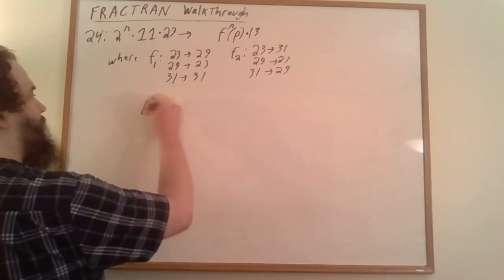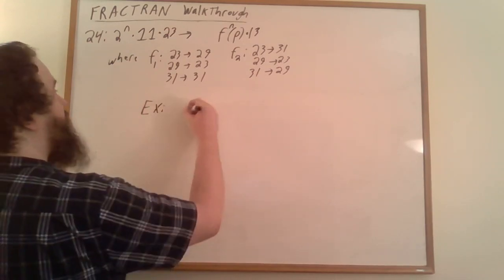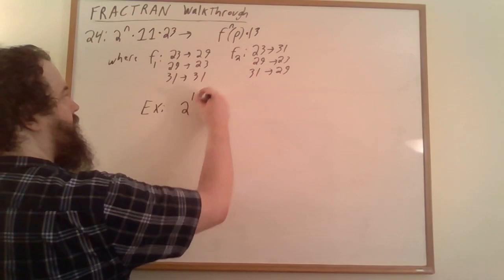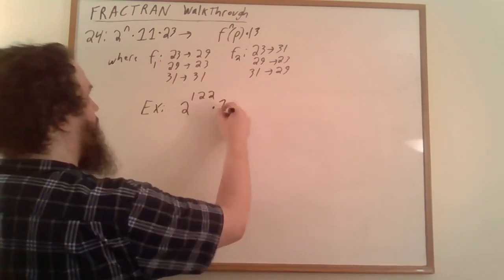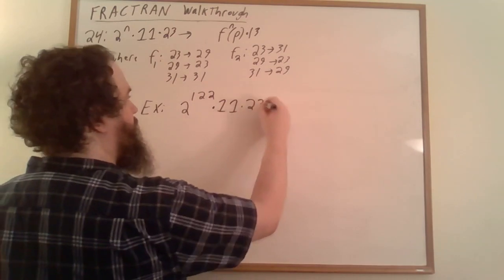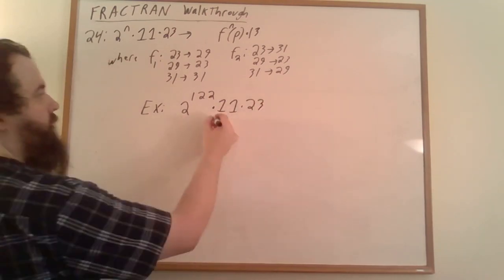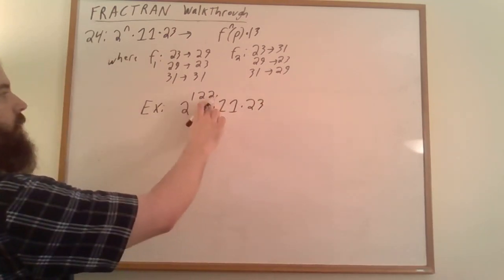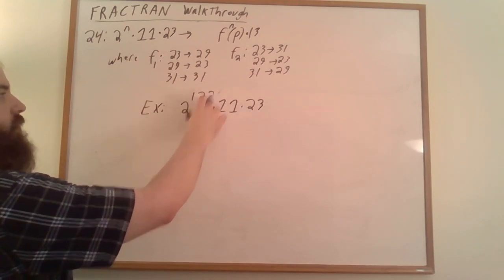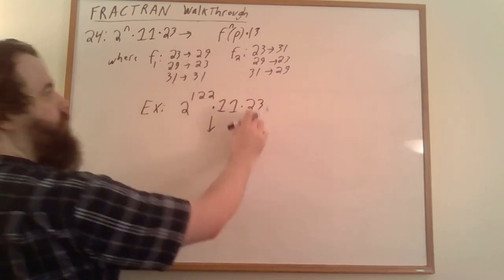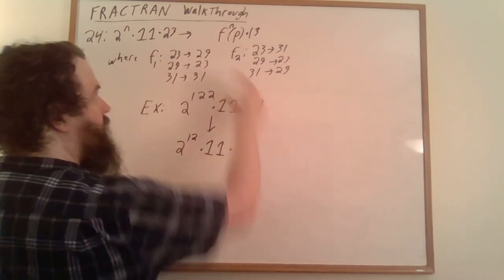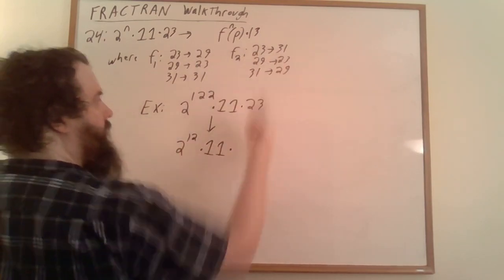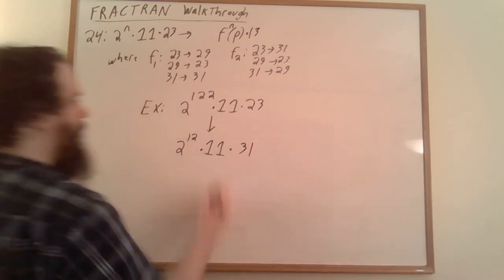So for example, if we start off with 2 to the 122 times 11 times 23, we're going to want to first get rid of this 2 and then apply f sub 2 to this 23. So f sub 2 of 23 is 31.